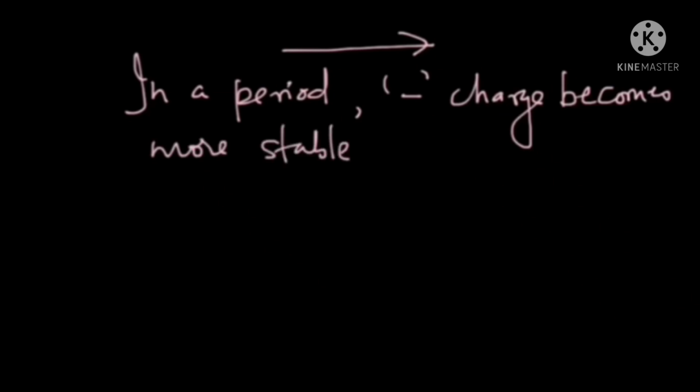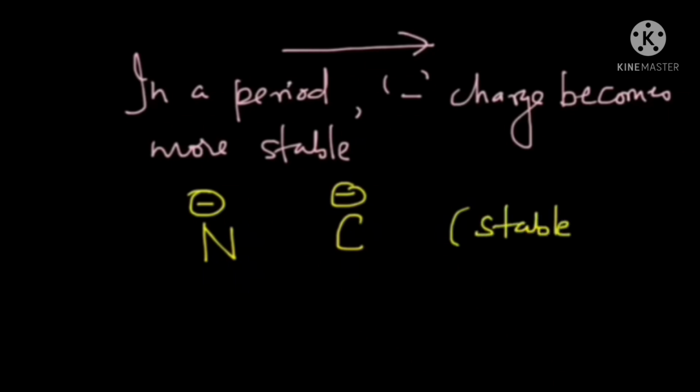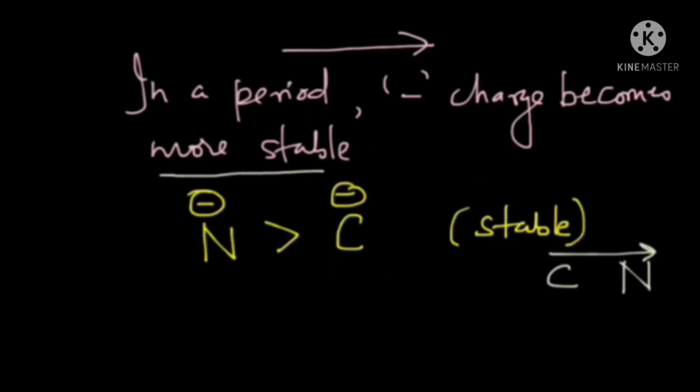What that means is a nitrogen with a negative charge is more stable than a carbon with a negative charge. Why is that so? Because a nitrogen atom is to the right of a carbon atom in a period. So whenever you move from left to right in a period, negative charge becomes more stable.